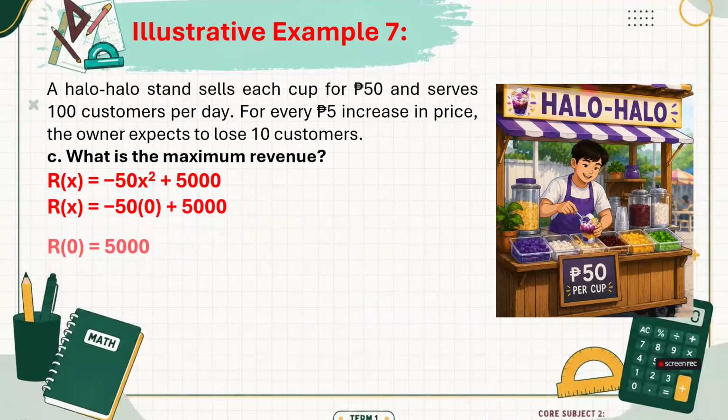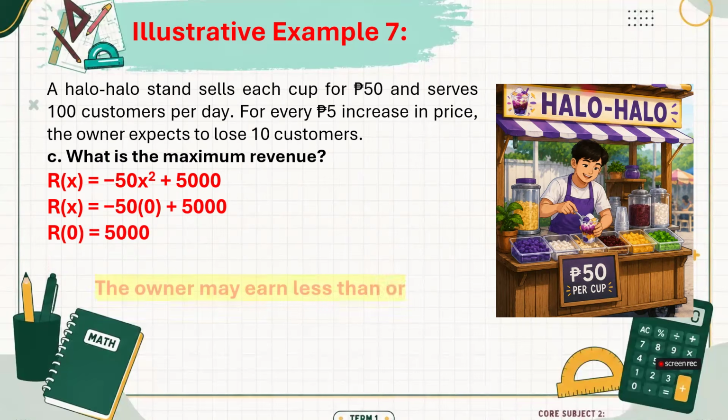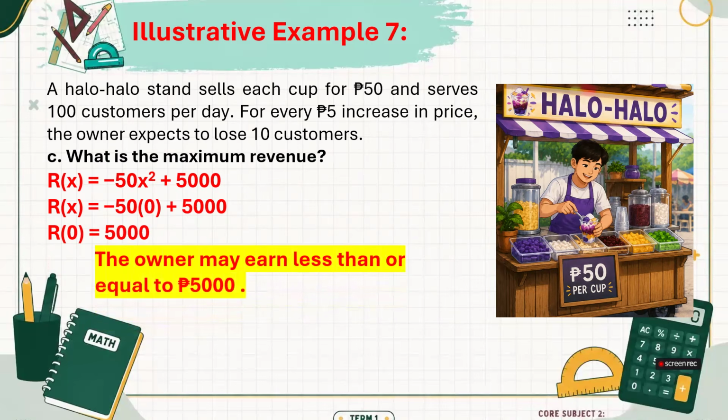Now, let us substitute that to get the maximum revenue. That is, f of 0 is equal to 5,000. Therefore, the maximum daily revenue is 5,000. So in this particular problem, the function helps us to compare choices and make decisions, and the result depends on the information and the assumptions given in the problem.